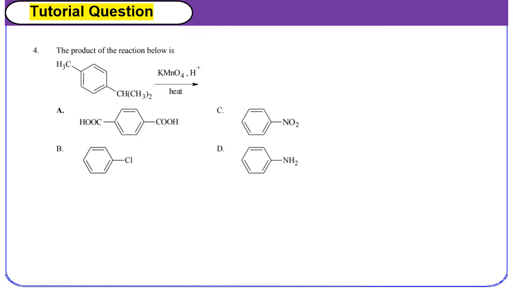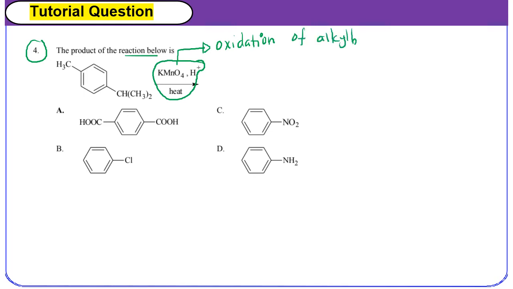Objective question number 4. The product of the reaction below is, where again, when we see hot acidified KMnO4, we know this undergoes oxidation. Oxidation only happens at alkylbenzene with benzylic hydrogen. This is a benzylic carbon with 3 hydrogens attached, so it has benzylic hydrogen.